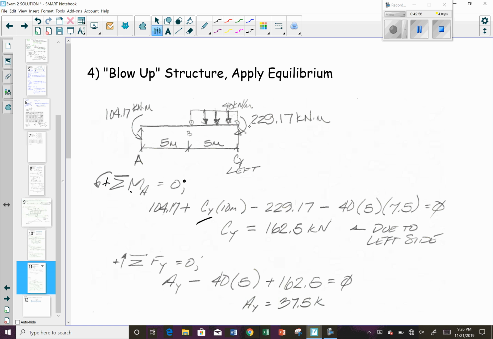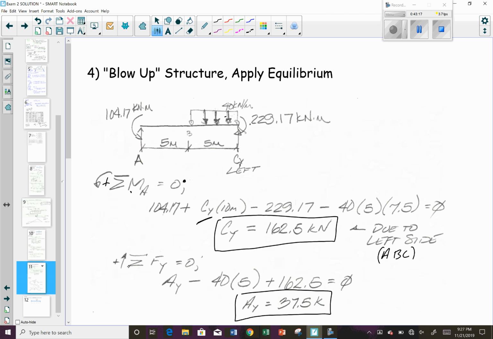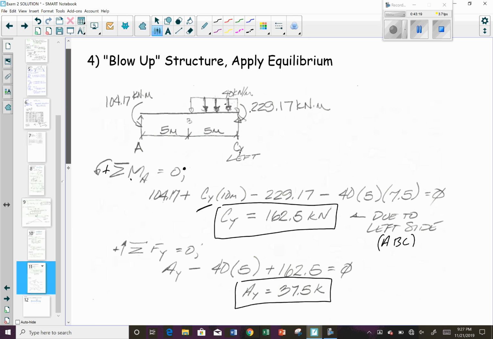This is just due to the left side, member ABC, correct? So from member ABC we solve for CY. Then we can use that to solve for AY by doing the sum of the forces in the Y direction.